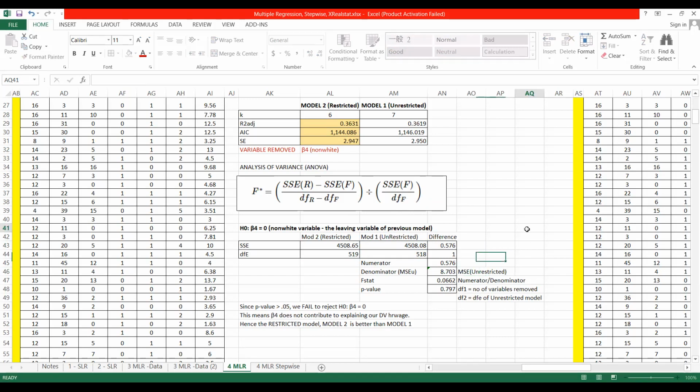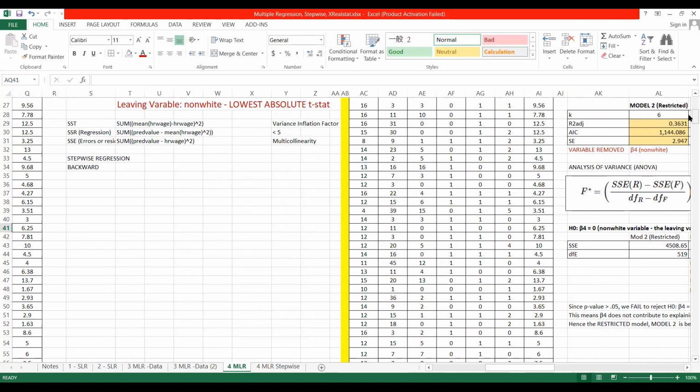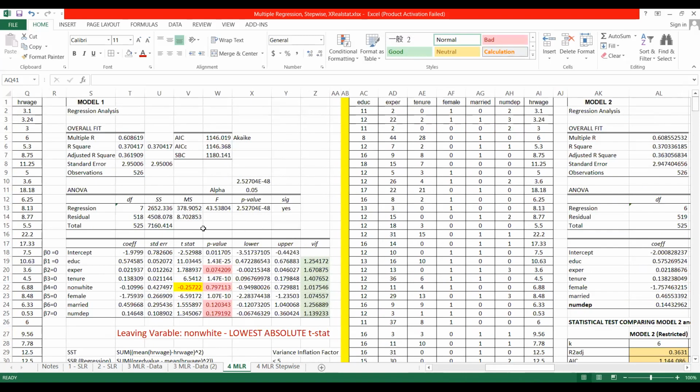Okay, it's also in the table: 8.703. Let's look at the MSE here for the unrestricted. Here it is, right? 8.73. This is it, which is just SSE over DFE.